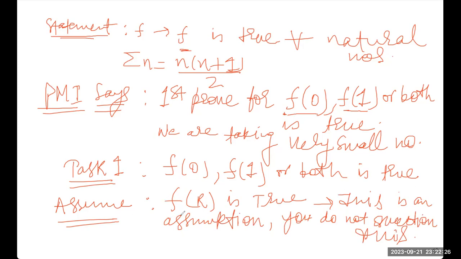Second, I will assume that f of k is true. This is my assumption. We don't need to worry about this. We don't have to think about it in a very logical manner. It is just an assumption, and you do not need to question it. You have to just assume that if f of 0 or f of 1 is true, then f of k is true. This is how the PMI works.